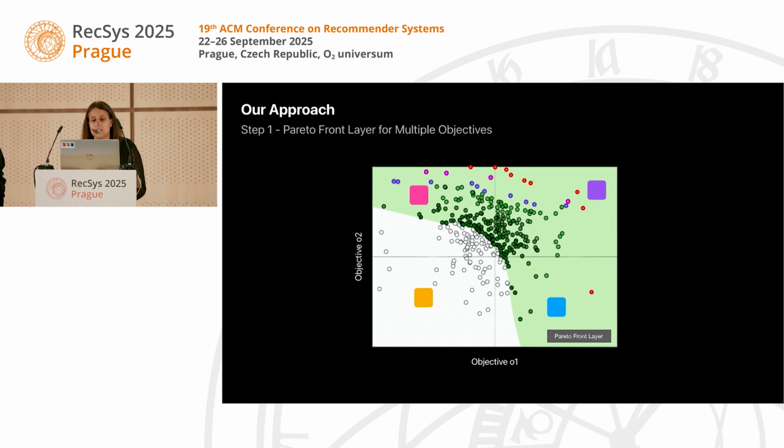However, in recommendation systems, especially if we're ranking multiple items, having very few items might lead to a stale experience or less diversity. So we compute these items across different ranks in our Pareto front. The red points would be rank 1, the purple points would be rank 2, blue would be rank 3, and then we can compute up to rank K, where K depends on your application and how many points you want to show to the user.